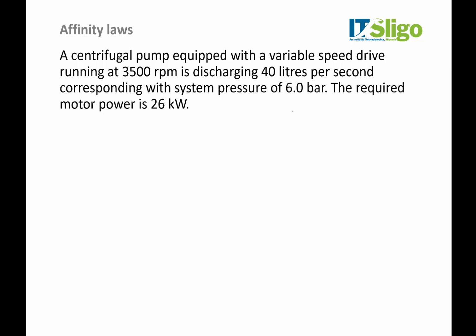So a centrifugal pump is equipped with a variable speed drive. So this is the old speed. This is the old flow. This is the old pressure. And this is the old power.